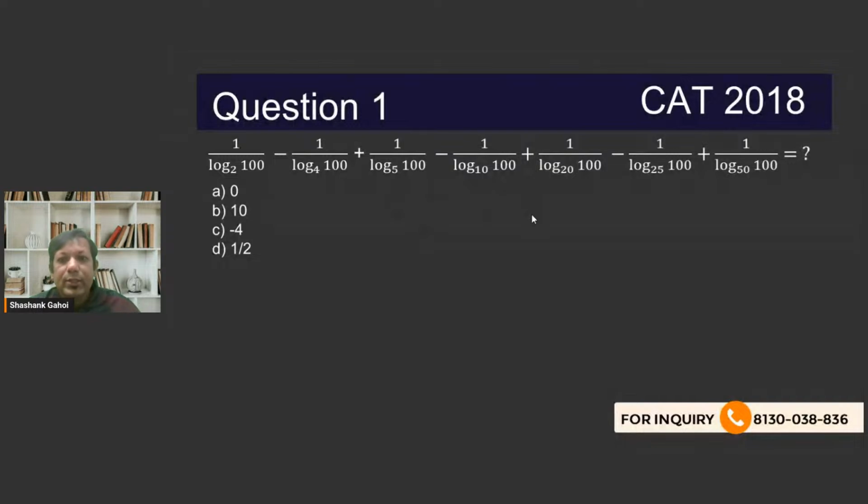So this is going to be my first question, which was asked in CAT 2008. We have already seen the formula that log a base b is equal to 1 upon log b base a.